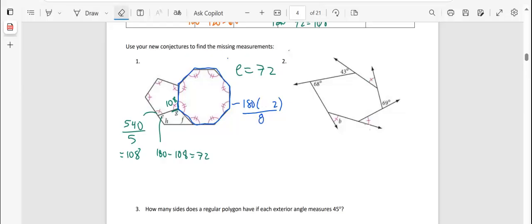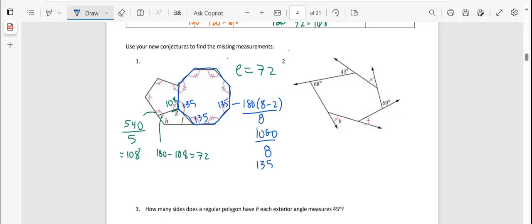And I'm going to go ahead and substitute 8 in for n here. So the total number of degrees in an octagon is 180 times 6, because 8 minus 2 is 6. So it's 1080 divided by 8, which turns out to be 135. So one of these angles is 135, so I can put that in here.